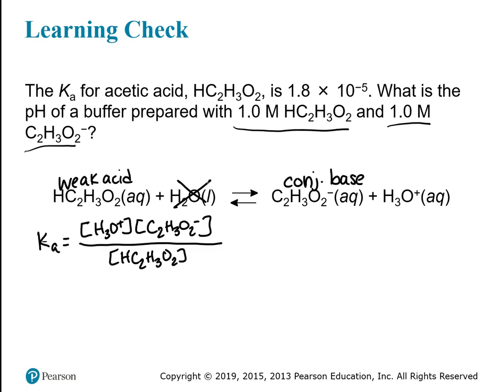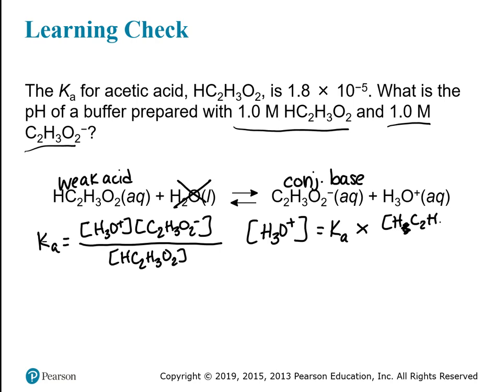And then from our previous slide, we rearranged this so that we knew how to solve for the hydronium. So I'm just going to rewrite that here. There's no 2 there.